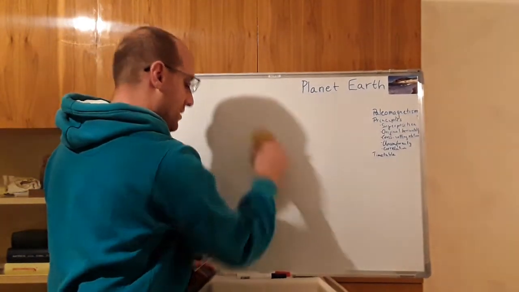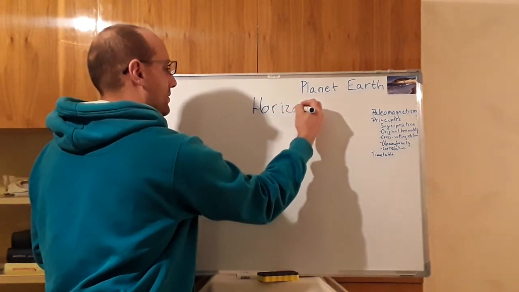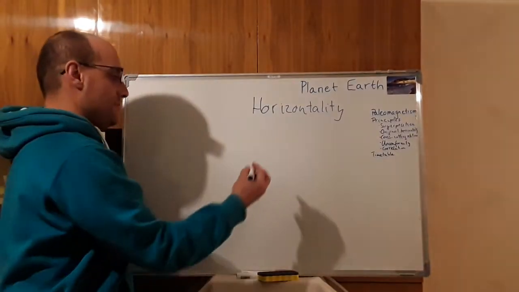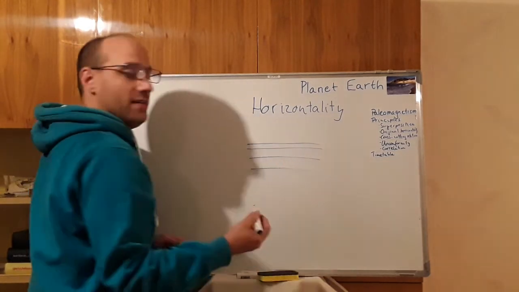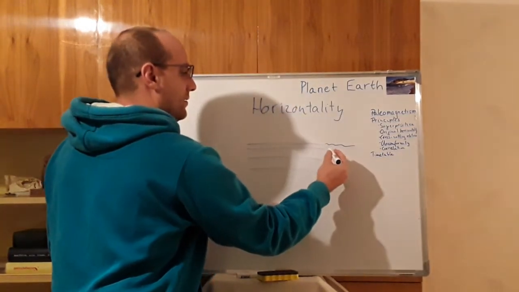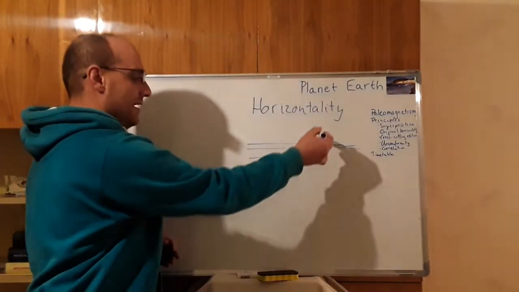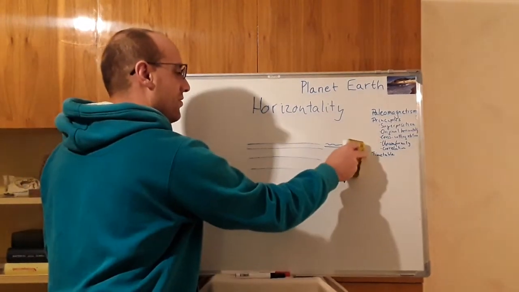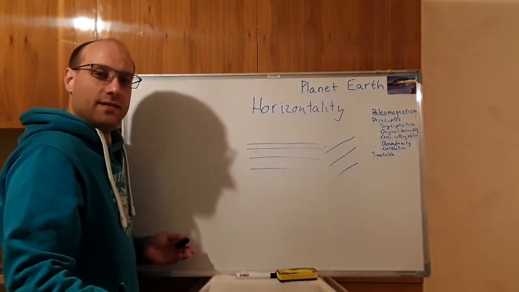That's superposition. Horizontality. Exactly the same as we said, materials usually will be deposited horizontally. So like water: if this is the sea surface, then under the sea, the materials will be in such layering. They will not normally be deposited at an angle.